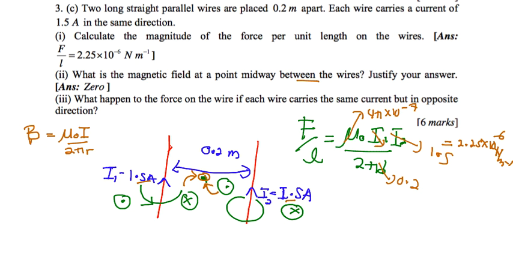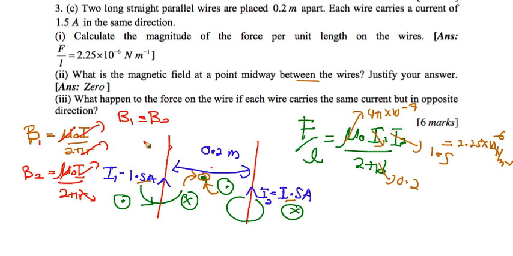Let's say this is B1, and B2, produced by wire 2, is also mu naught I divided by 2 pi r. Mu naught is the same, I is the same, 1.5 and 1.5, and the distance from each wire to the midpoint is the same, meaning B1 is equal to B2.